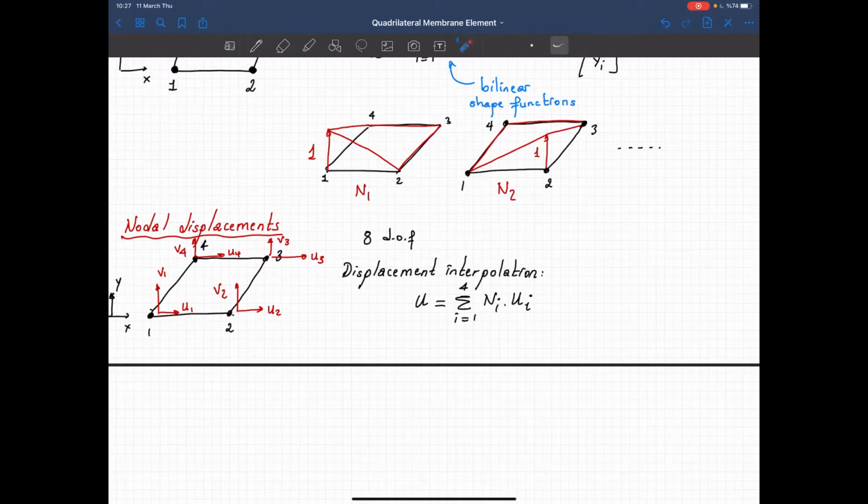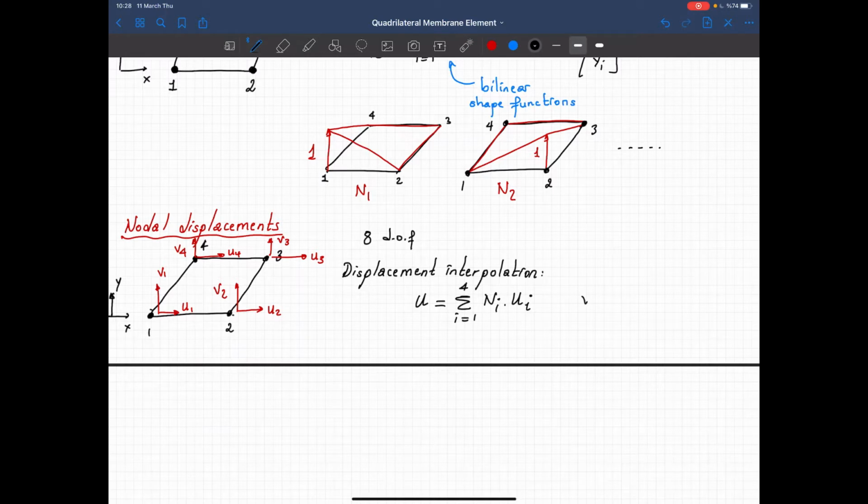And remember that the shape function that I use has unit value at the corresponding node, and elsewhere it's equal to 0. So when I multiply the nodal displacement with this shape function, I'm automatically satisfying the essential boundary conditions. So when we are at this coordinate, the u will be equal to ui.